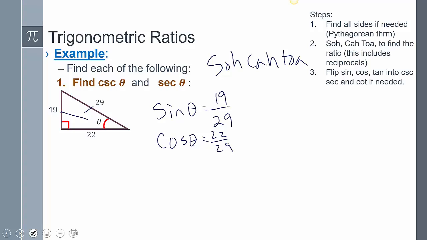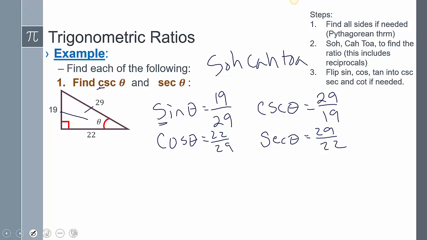So now we just convert them into the reciprocal. S goes with C. So that means that cosecant is the reciprocal of sine. All you have to do is just flip the ratio. That's the reciprocal. And then cosine and secant, you just flip to find the reciprocal.